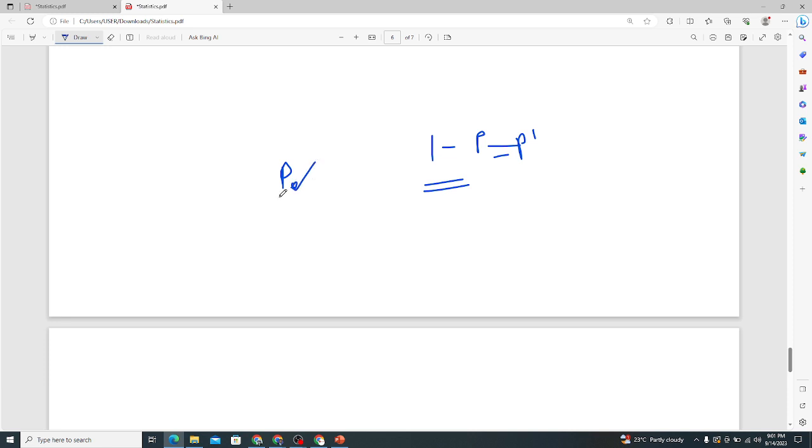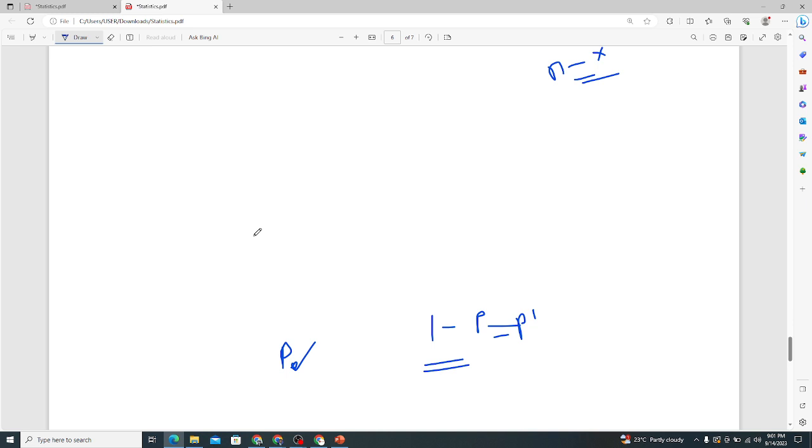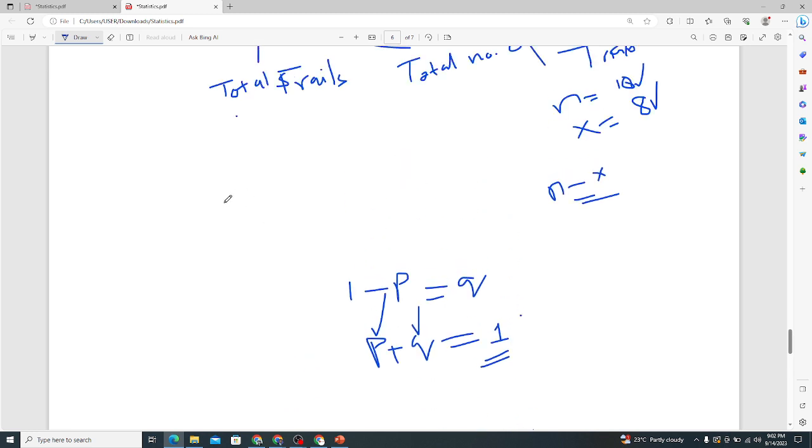Also, for those who learned survival analysis, you can remember that 1 minus p was equal to q, because p plus q was 1. It means the probability of success plus the probability of not success, or failure, should give you 1. It's like the probability of death and the probability of survival; those two should sum up to 1.